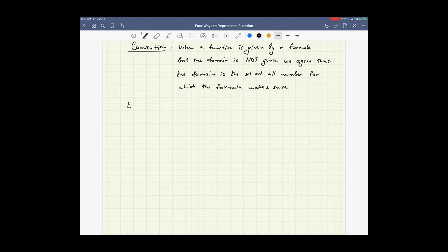For example, if you're given the formula f of x equals x squared, but the domain is not specified, this formula makes sense for all real numbers, so we assume by our convention that the domain is the entire set of real numbers.